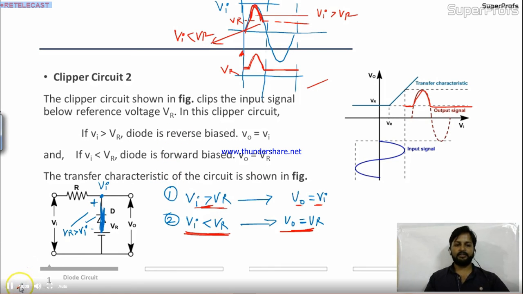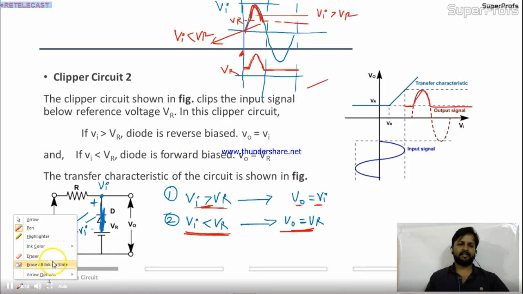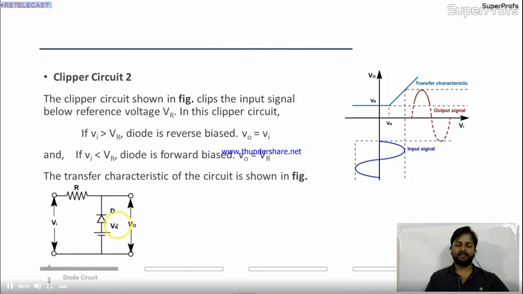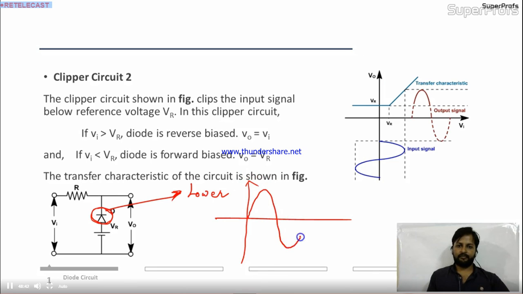Now I'm telling you one short trick to remember this thing. Simply you can do it. See, if the diode is connected in this way, you can remove the lower part of it. If you have a circuit like this, this is your input waveform.